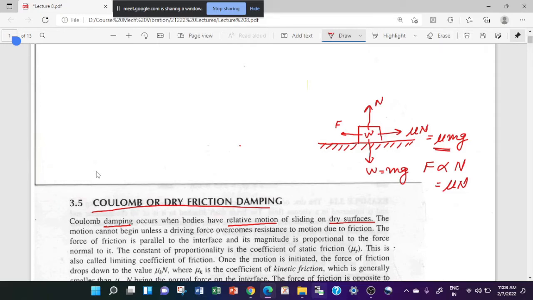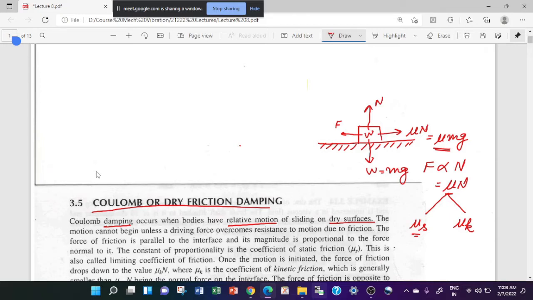The proportionality constant mu is known as the coefficient of friction. This friction can be of two types. The first one is static friction, the second one is kinetic friction. When the bodies just start moving, you have static friction, and as the body moves, you have kinetic friction.